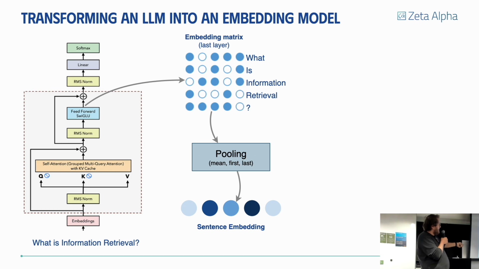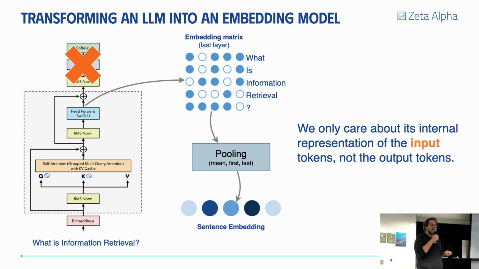Then you get the final embedding for the sentence. Essentially, we are ignoring what makes LLMs so cool. We don't care about the output, we just care about the input. We don't care what the LLM is trying to tell us back. We just want to see what it thinks about this input.